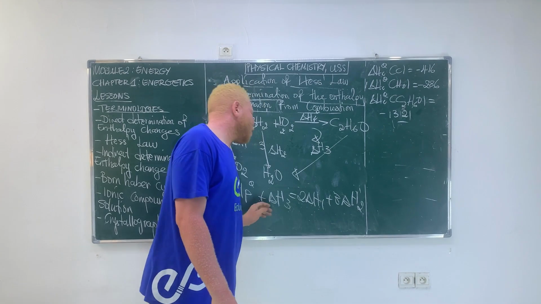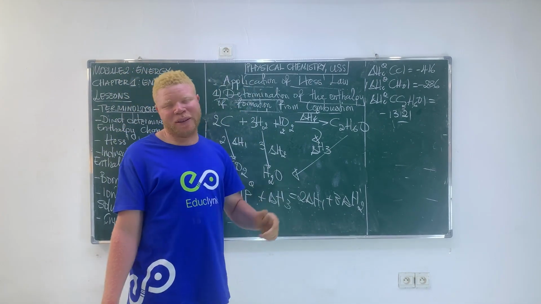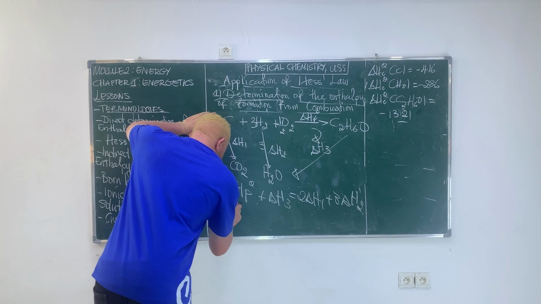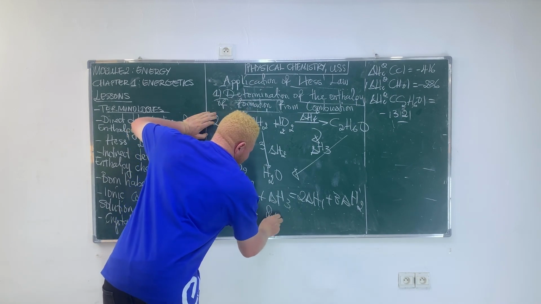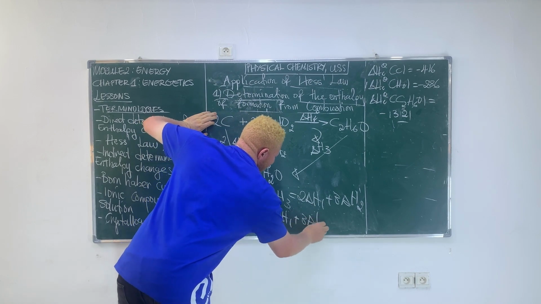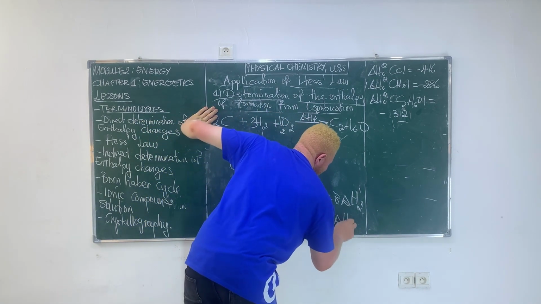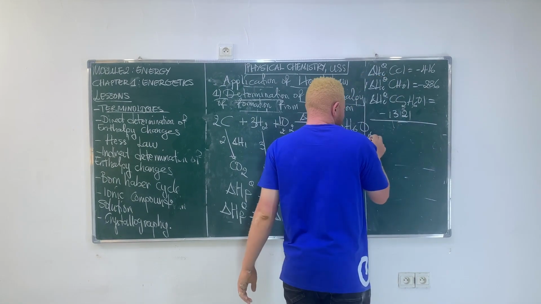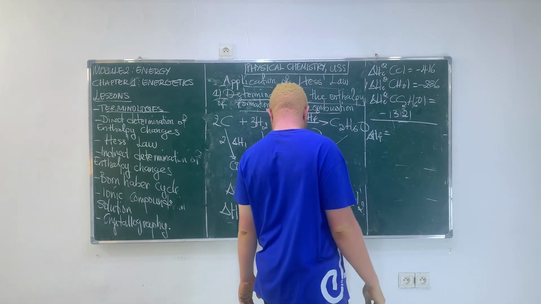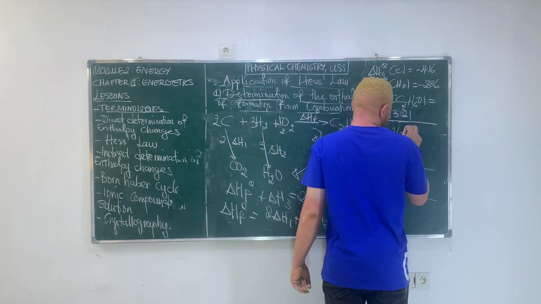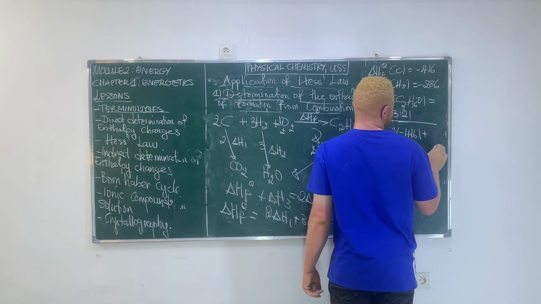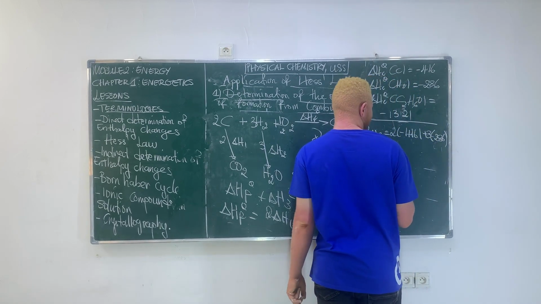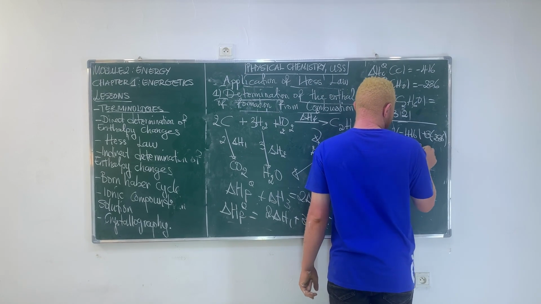Because I'm making the formation the subject, when this term crosses over it becomes minus. Now let me substitute the values: 2 times minus 416, plus 3 times minus 286, minus minus 1,370.